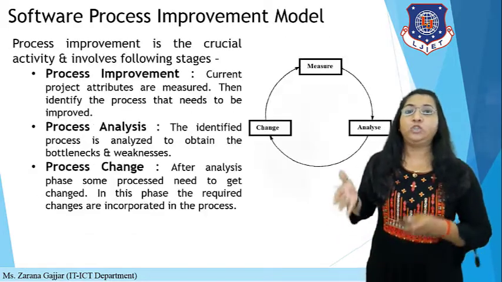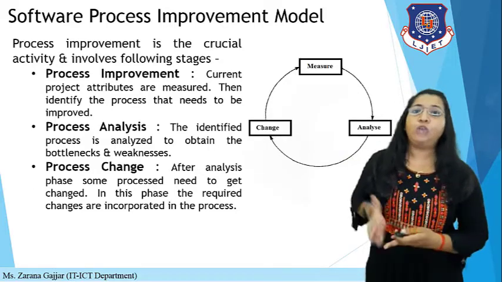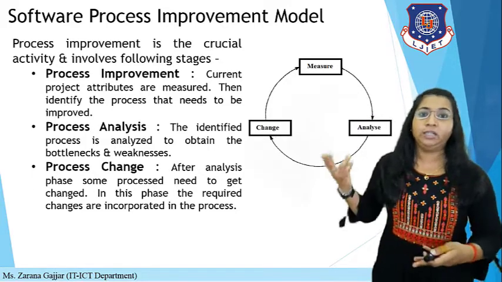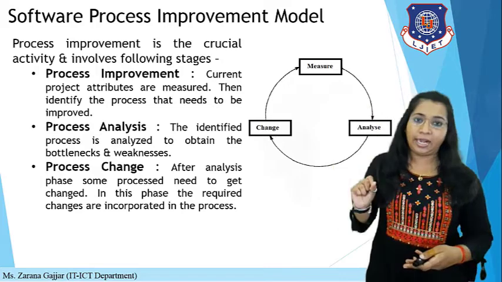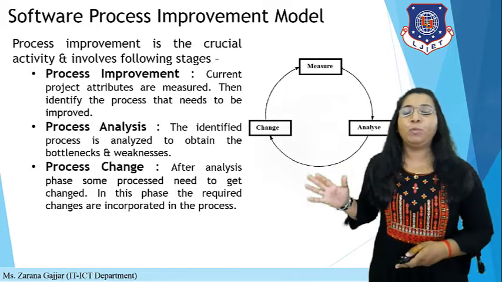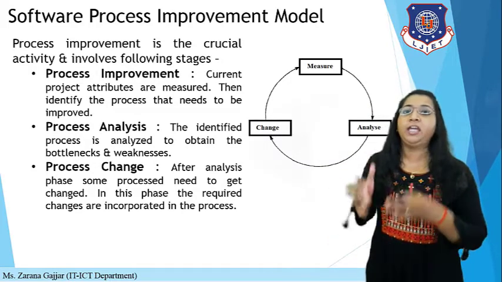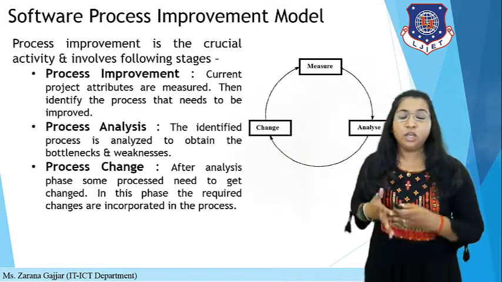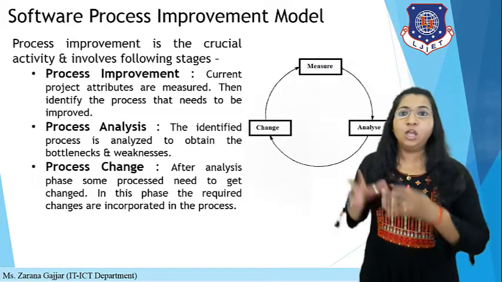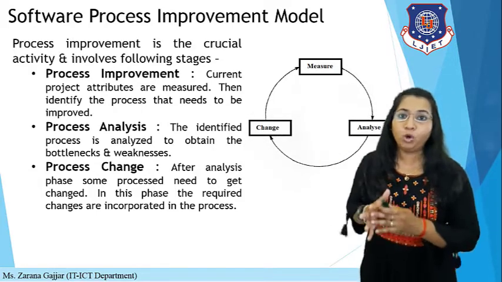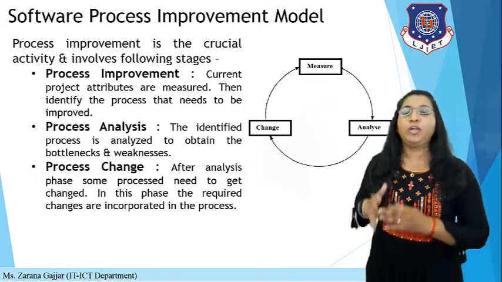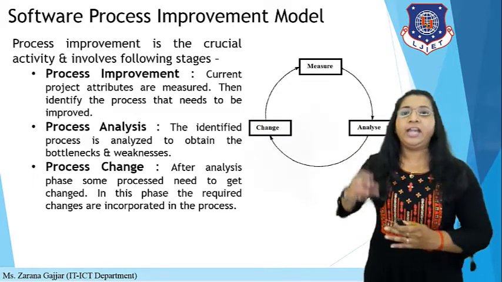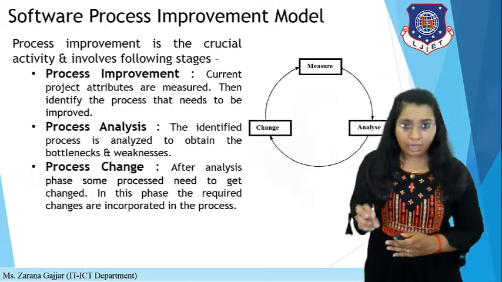Now what is the actual SPI model? The SPI model contains three things: change, measure and analyze. Process improvement is a crucial activity and involves the following stages. Current project attributes are measured, and then the process that needs to be improved is identified.